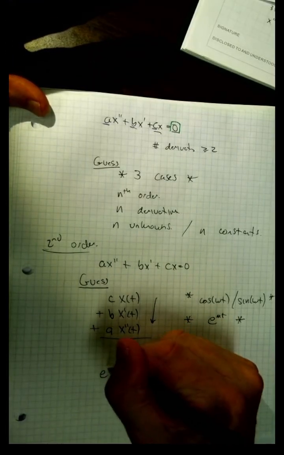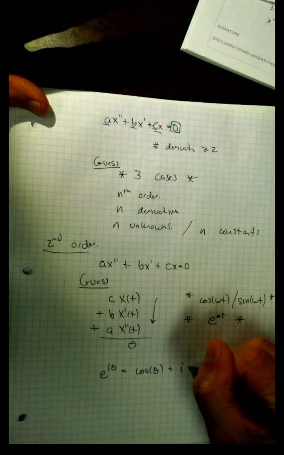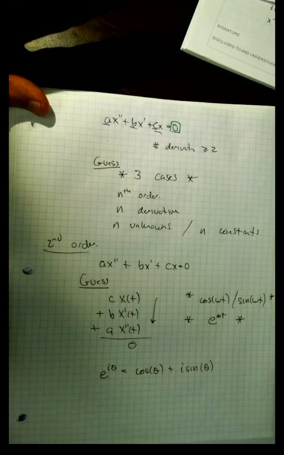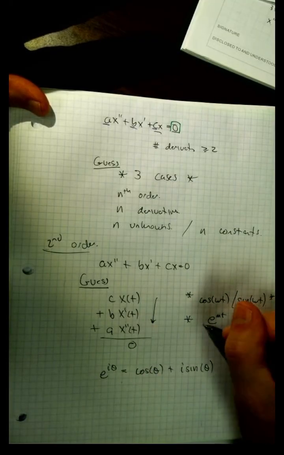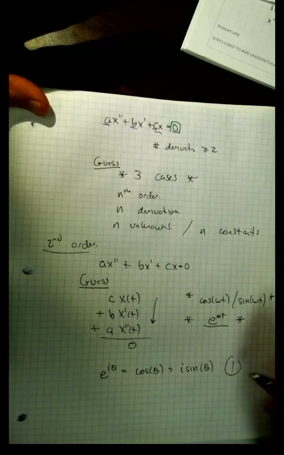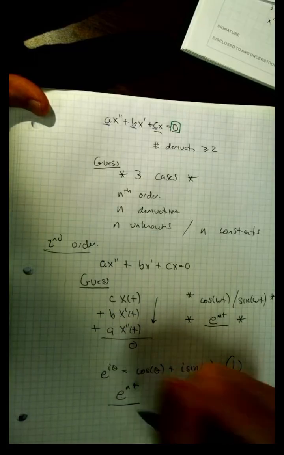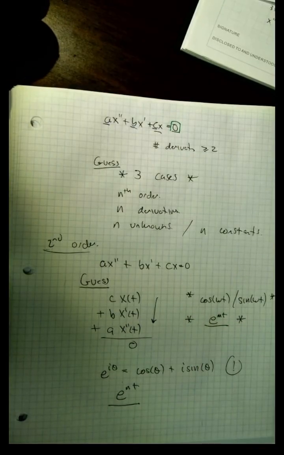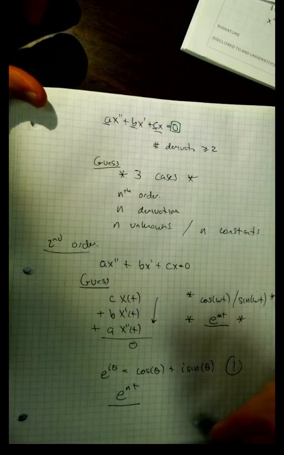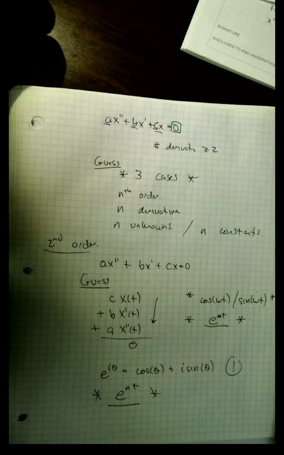Notice, though, because of Euler's formula, if I get an exponential with a complex number, I can deal with this and turn it into cosines and sines. So an exponential of this form is going to be the more general case, and it's going to be able to deal with cosines and sines. So we're going to try this first, and if it works, then it works.